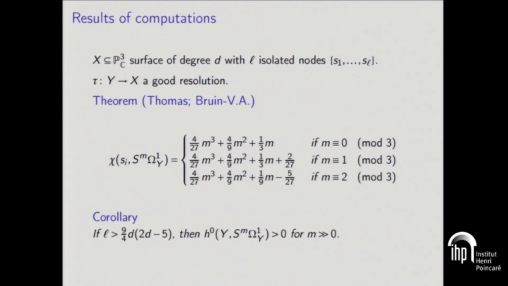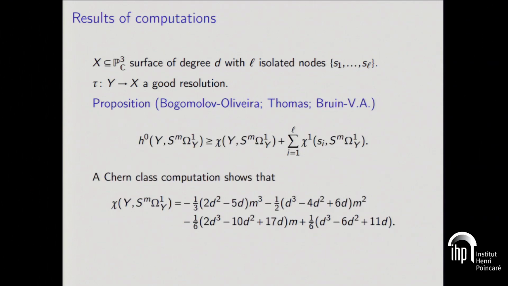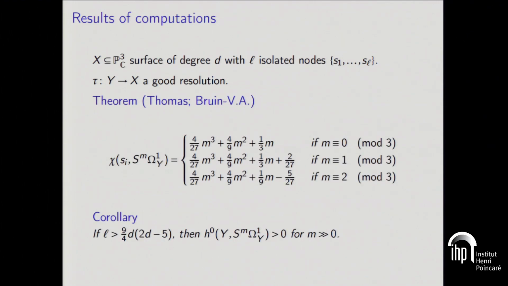So there's going to be a coefficient of 4 over 27 times L in front of m cubed, where L is the number of nodes. If the number of nodes is big enough, it's going to overtake the negative coefficient in front of m cubed. So in fact, if L is bigger than 9/4 of d times 2d minus 5, then I'm going to get symmetric differentials.